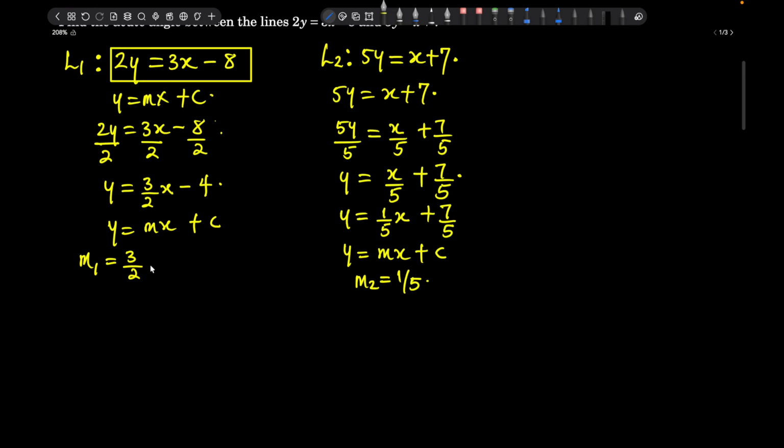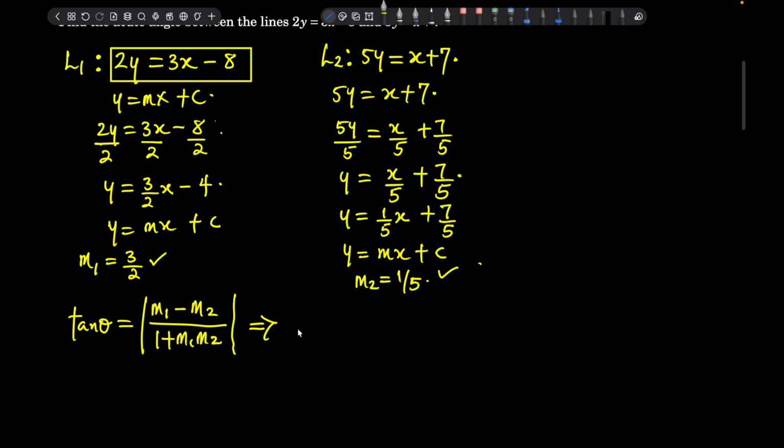That being said, we have our m1 and our m2. Remember that our formula says that tan theta is equal to the absolute value of m1 minus m2 over 1 plus m1 m2. So let's start plugging in the values. Tan theta is equal to, what is m1?